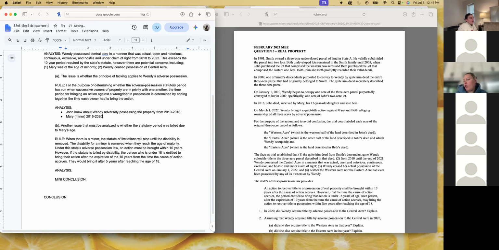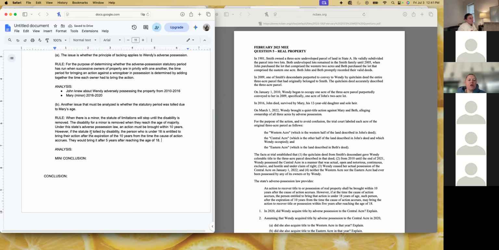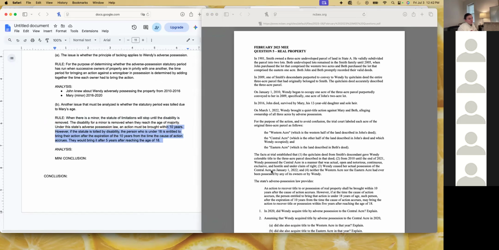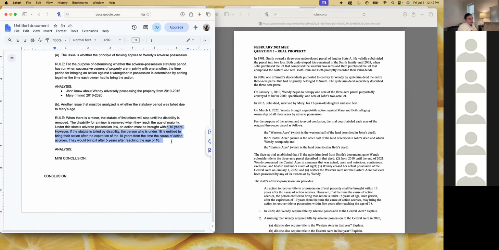Now, one of the other rules, we've already written out this rule. But one of the things that's really important as it pertains to this rule and the rule over here is that generally under adverse possession, let's say Wendy started to adversely possess Central Acre after John had died and when Mary was 12, right?